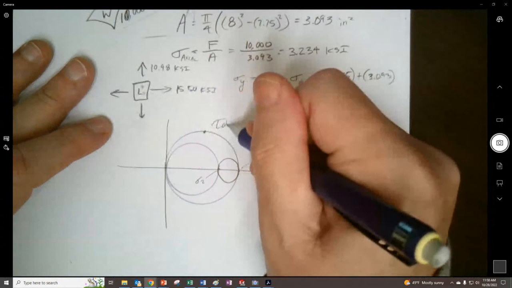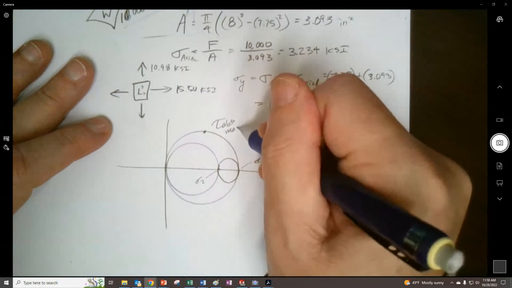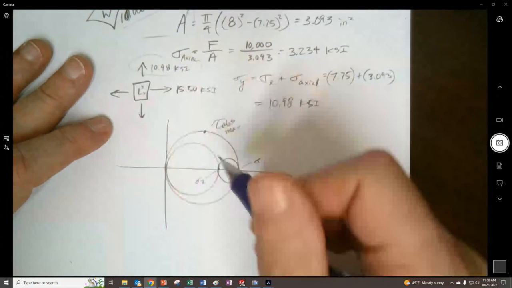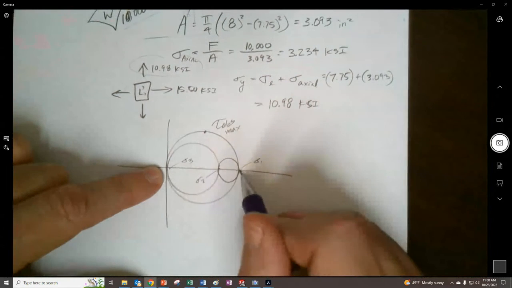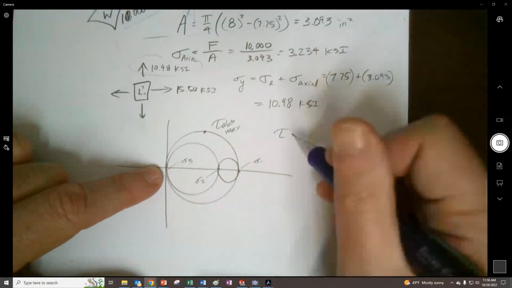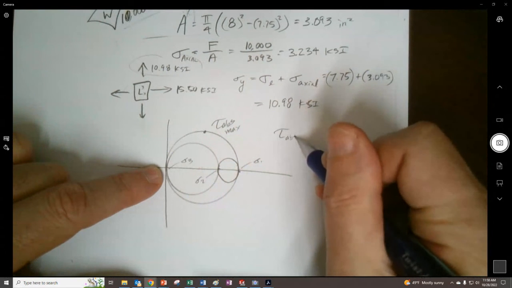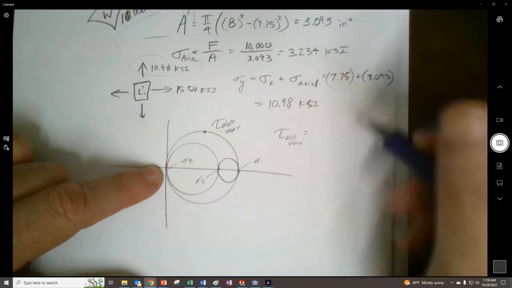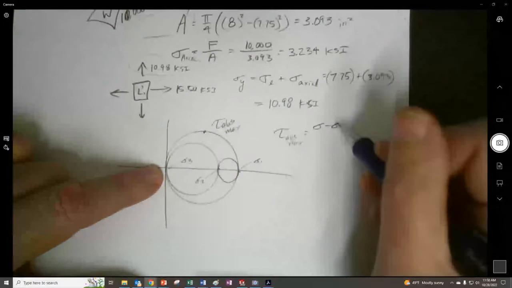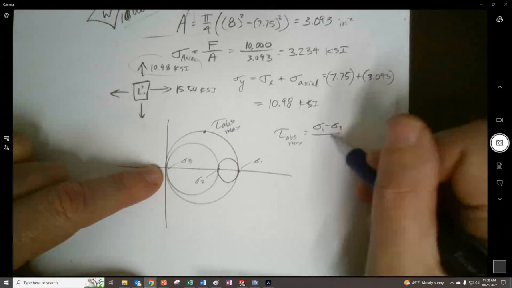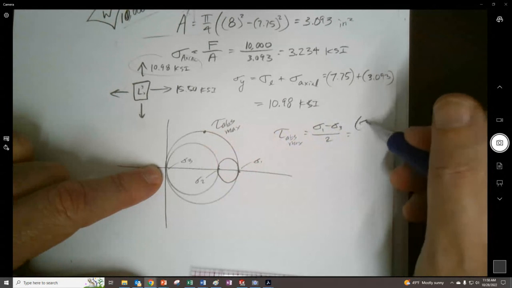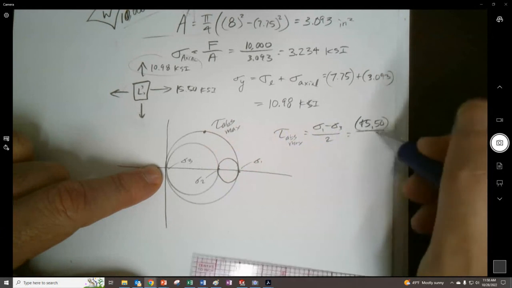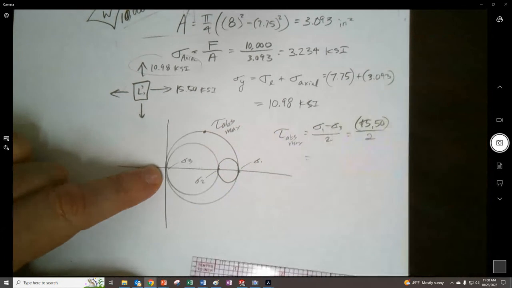But the truth is that we didn't even need to know this, because this tau abs max we could recognize is really just going to be sigma 1 minus sigma 3 divided by 2, but sigma 3 is equal to 0, so it's really just 15.5 divided by 2, right?